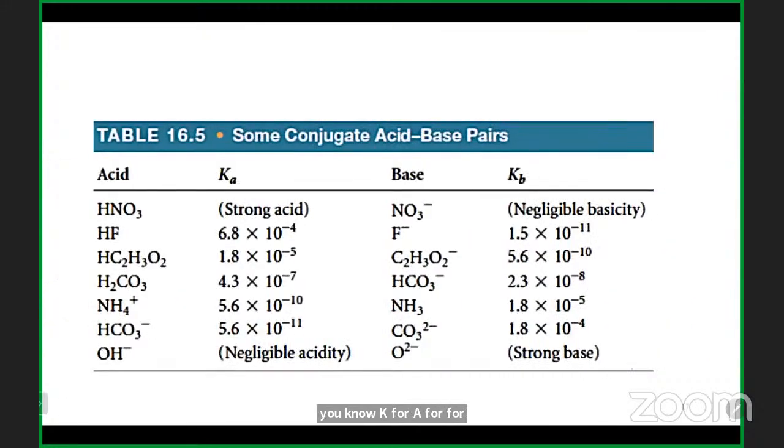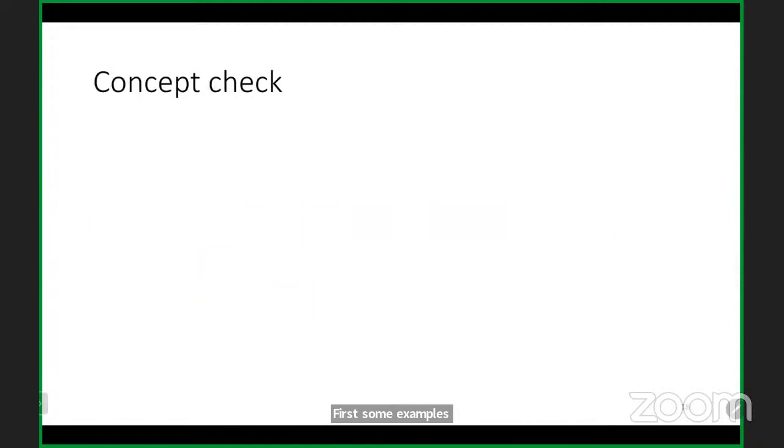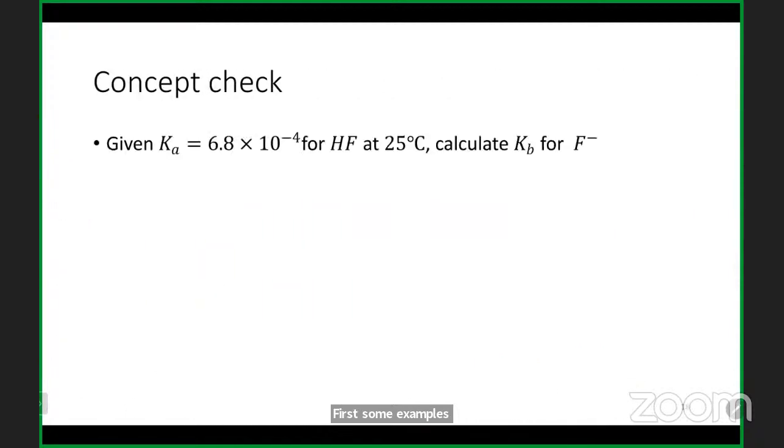These are some examples. Quick calculation: given Ka for HF at 25 degrees centigrade, calculate Kb for F minus.